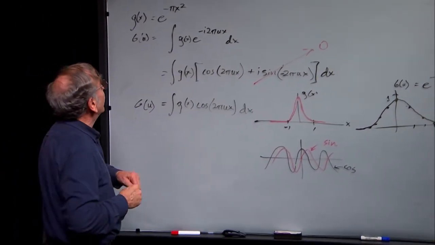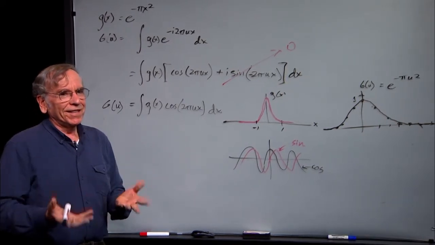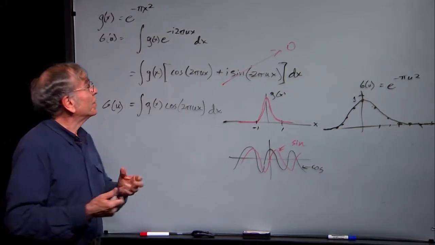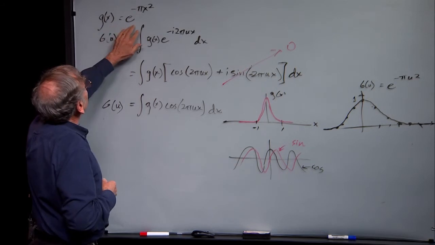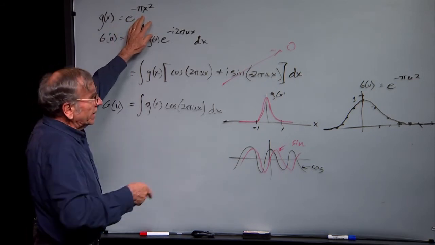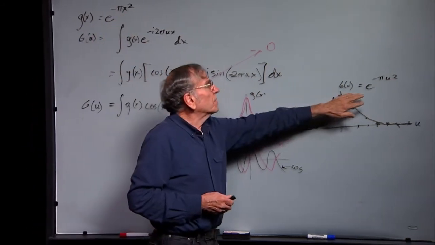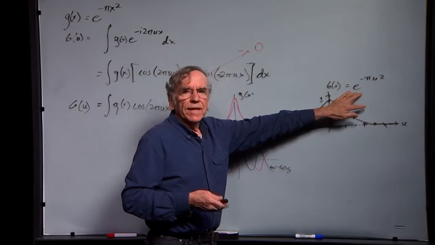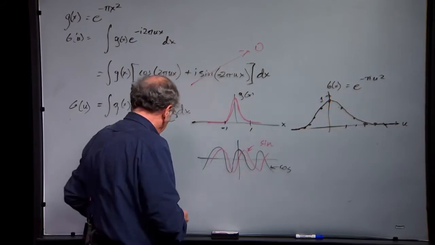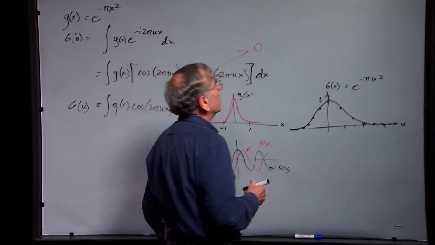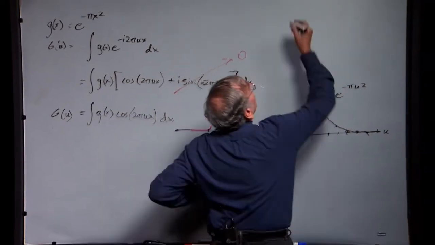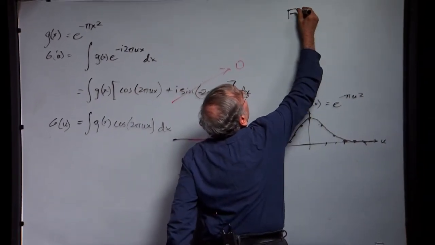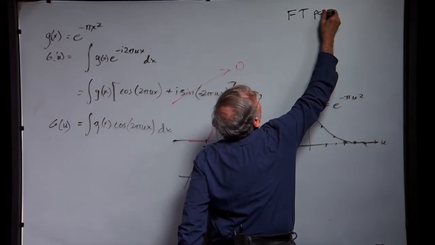It turns out that you don't know yet that it's a lucky situation, but it is a unique situation in that we started out with a g of x that has this form. It's a Gaussian, and its corresponding g of u has the same kind of form. It's a Gaussian. And with this, I'm going to start building up a table of Fourier transform pairs.